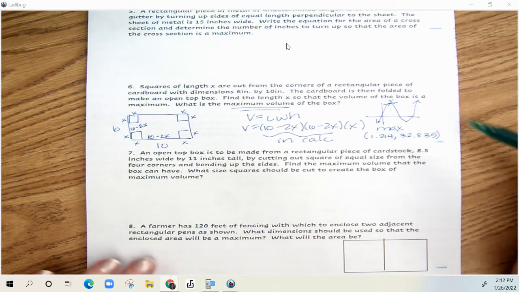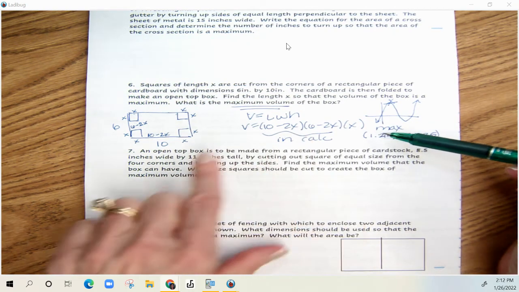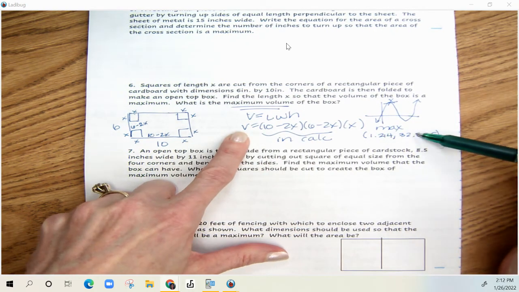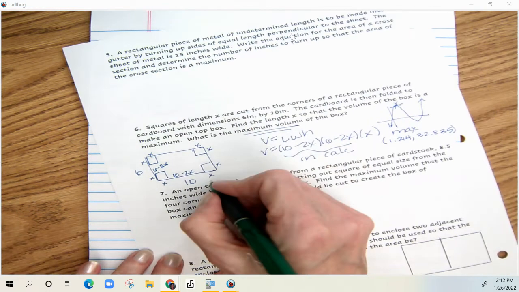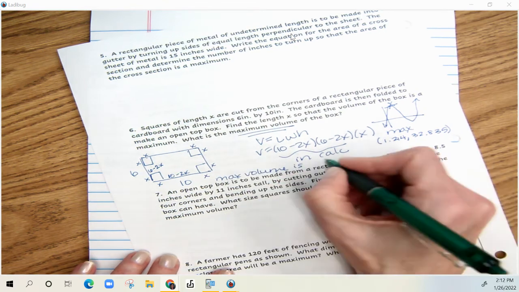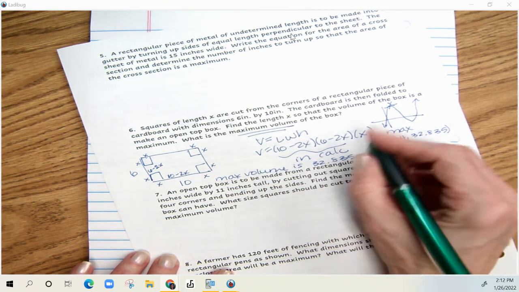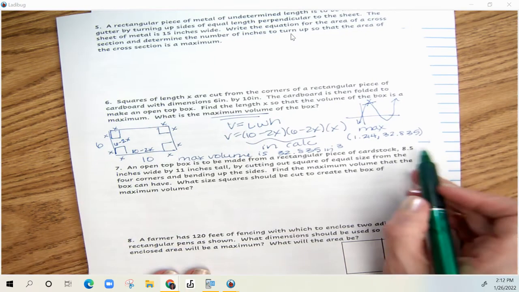All right, so what that means is when I put this in, X was what I was cutting out and Y is the volume. So the maximum volume is the 32.835 inches cubed from right here.